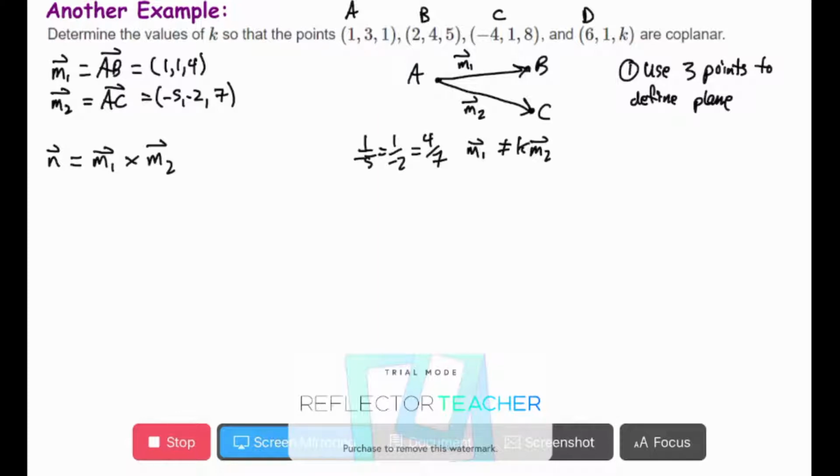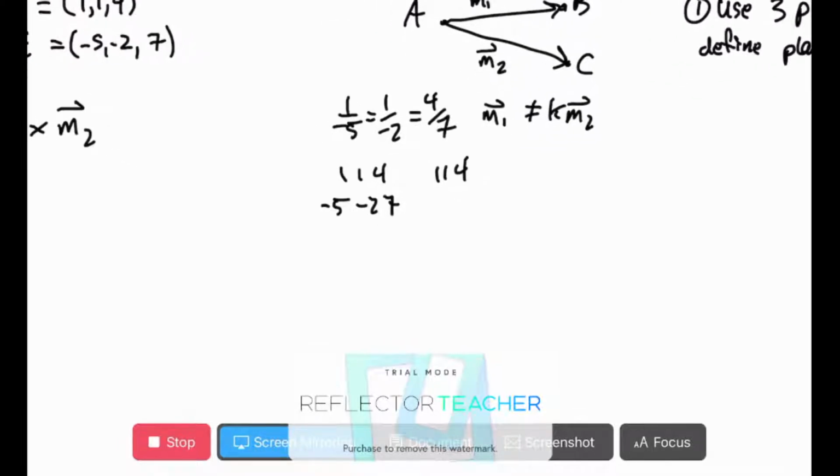So I'm going to list my coordinates and show my work over here. 1, 1, 4, 1, 1, 4, negative 5, negative 2, 7. I didn't give myself enough room here. 1, 1, 4, 1, 1, 4, and negative 5, negative 2, 7, negative 5, negative 2, 7. Chop, chop. A little too aggressive with the chopping there.